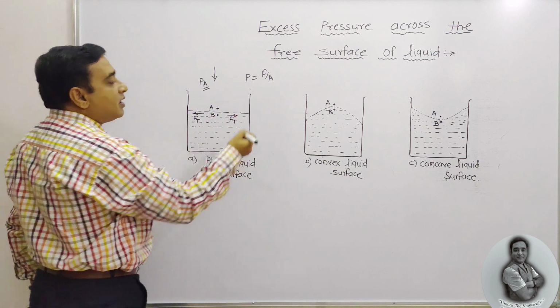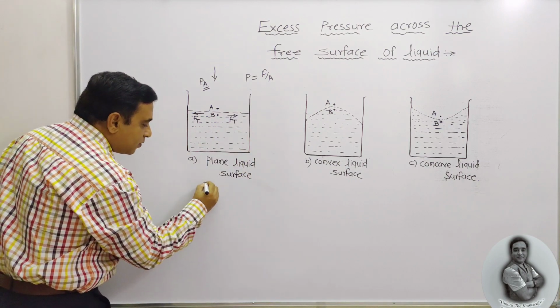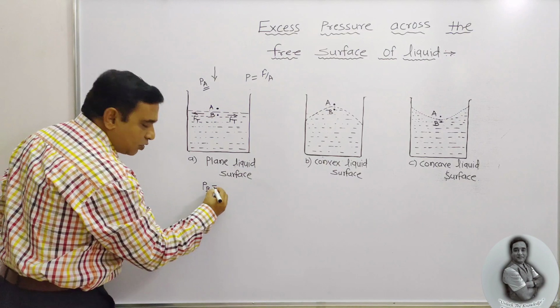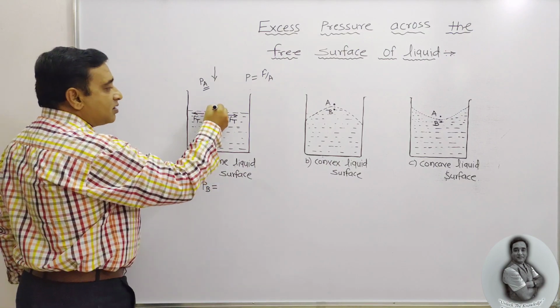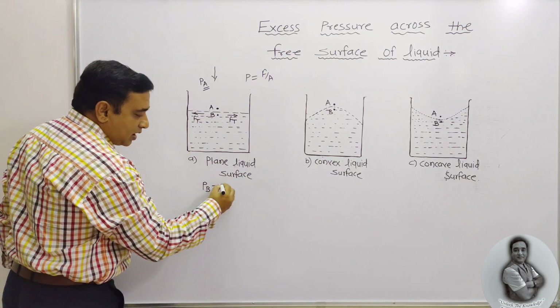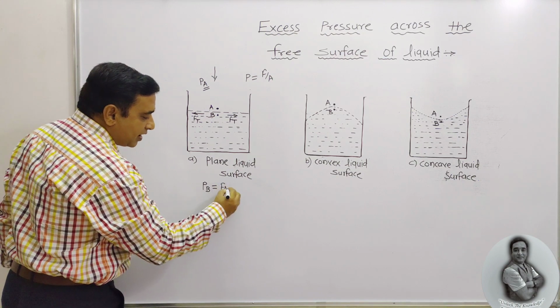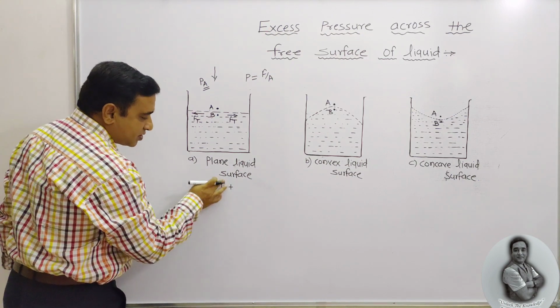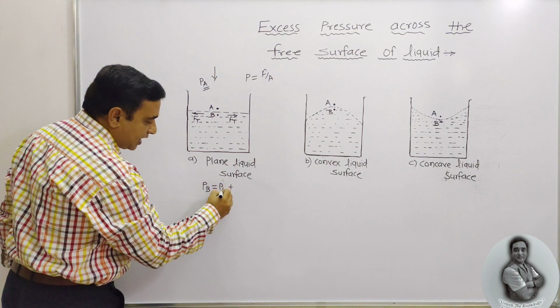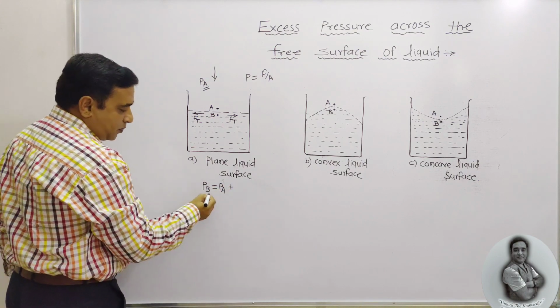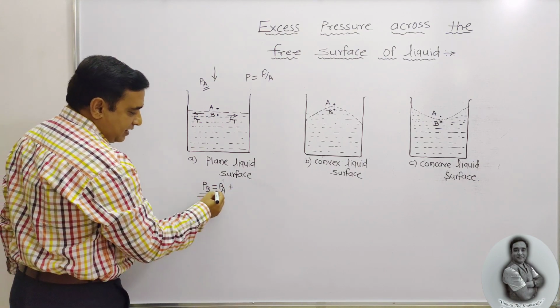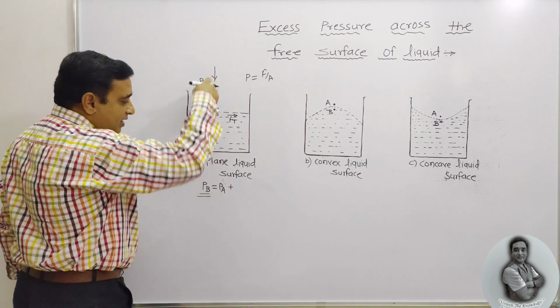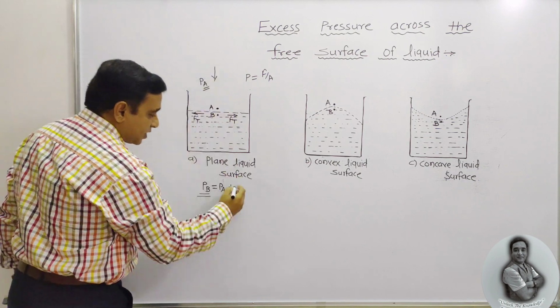That's why we say that the pressure at the B side is equal to the pressure at the A side plus the atmospheric pressure.